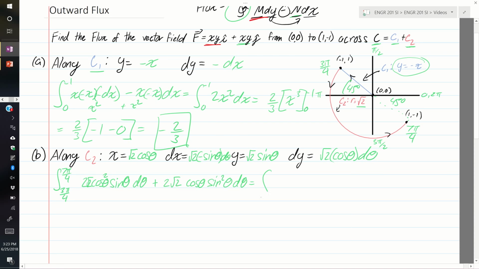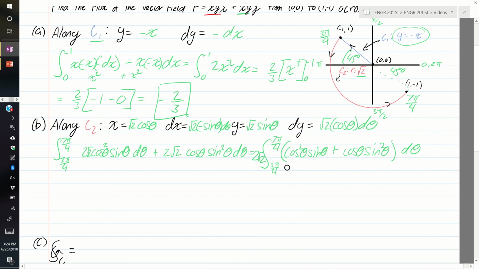Simplify it out. Integral from 3 pi over 4 to 7 pi over 4 of, I want to pull the 2 root 2 out front. You have cosine squared theta sine theta plus cosine theta sine squared theta all times d theta. It's not too bad.